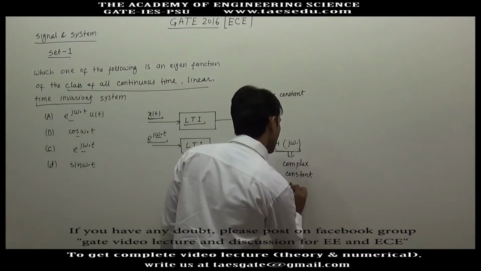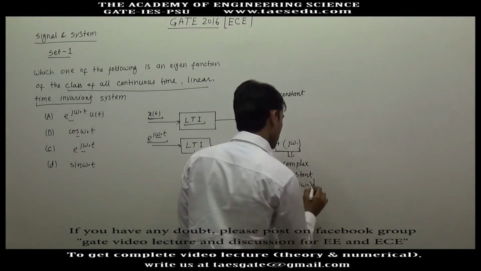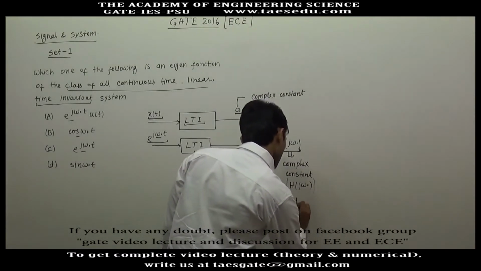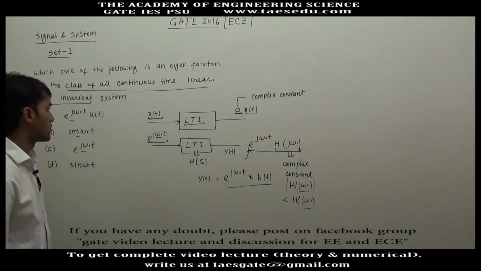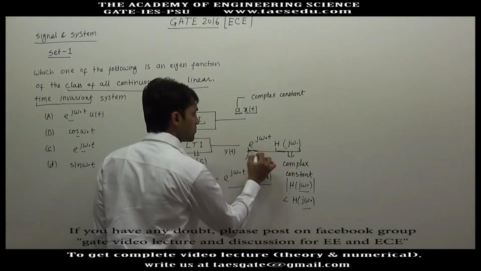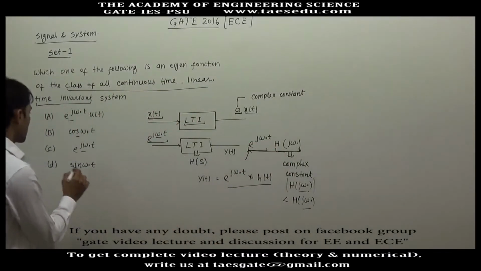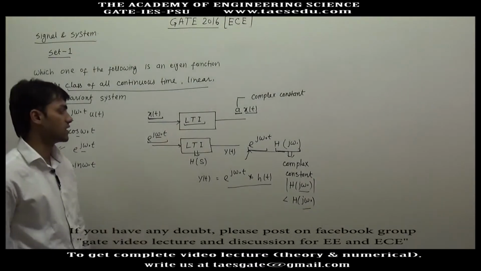It will have some magnitude of H(j omega) and some angle also. So for e to the power j omega naught t, the output will be some constant times the same input. So e to the power j omega naught t is an eigenfunction of an LTI system.